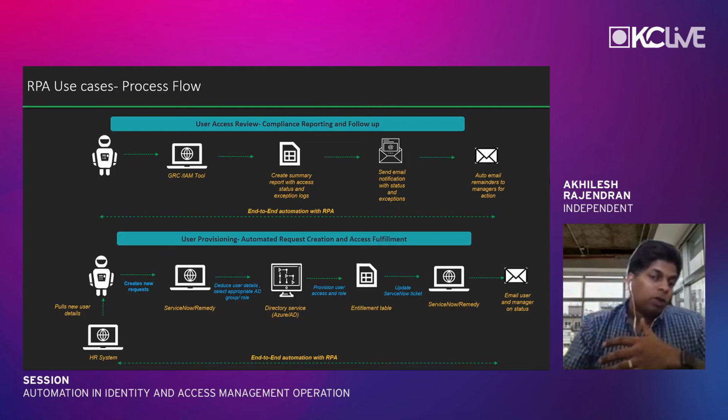But the number of tickets which can be automated goes from 60 to 80 percent, depending on how stable your process is. So that's where the beauty of RPA and the bots comes in, saving at least 70 to 80% of the time that you invest in provisioning, deprovisioning, and other IAM operations.